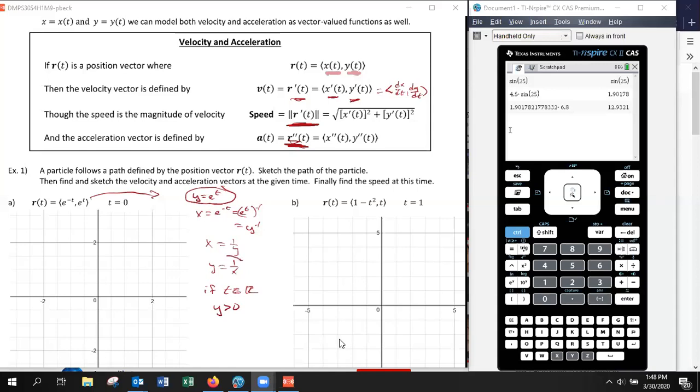So what I'm going to be doing is graphing this y equals 1 over x, and I will graph this y equals 1 over x only where y is positive. So some specific points that we have: 1, 1; 1/2, 2; we could say 1/3, 3, which is about there. We have 2, 1/2; 3, 1/3, which is about here. So here is going to be my curve.